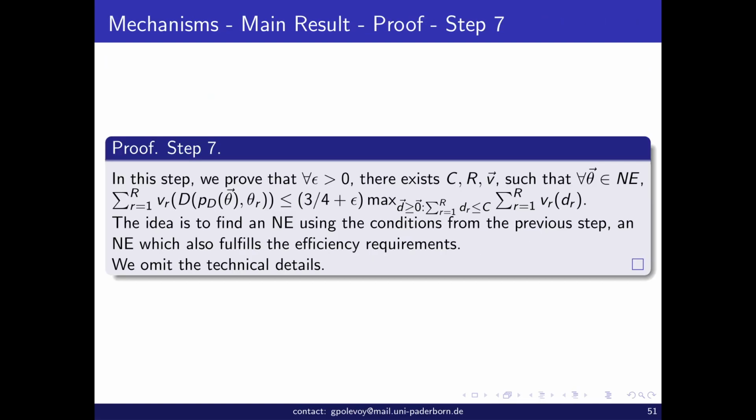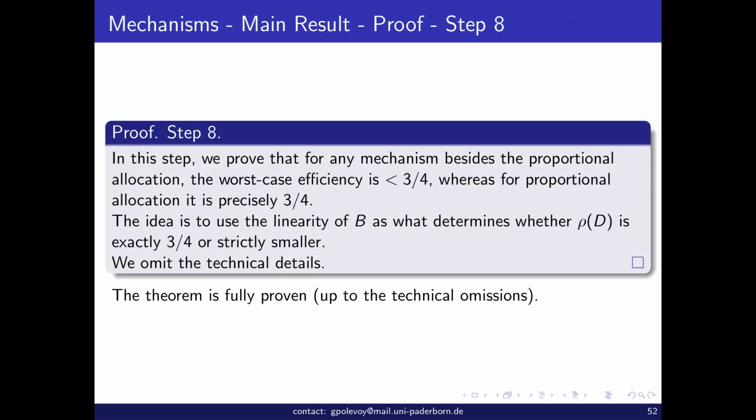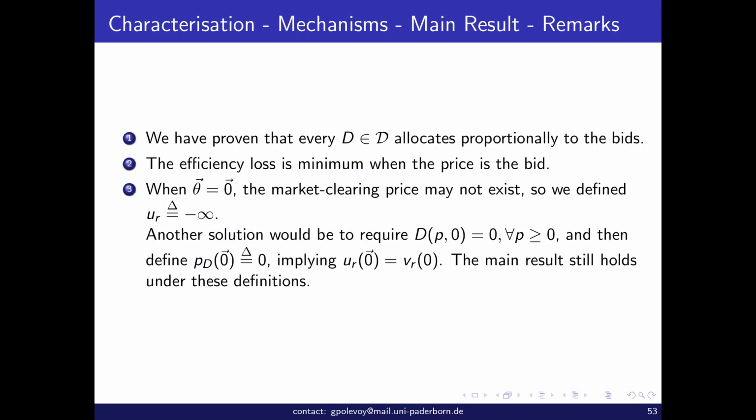Okay, so let's now go to the remarks. So we have proven that any mechanism D in this set calligraphic D allocates proportional to the bid, so only the prices may differ. The efficiency loss is minimum when actually the price is the bid.